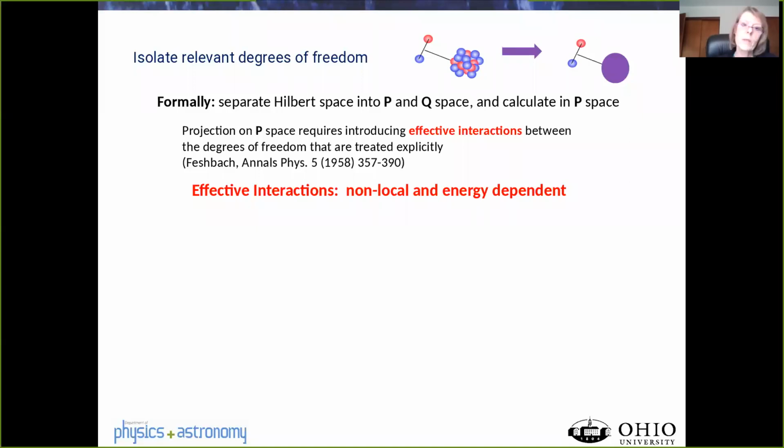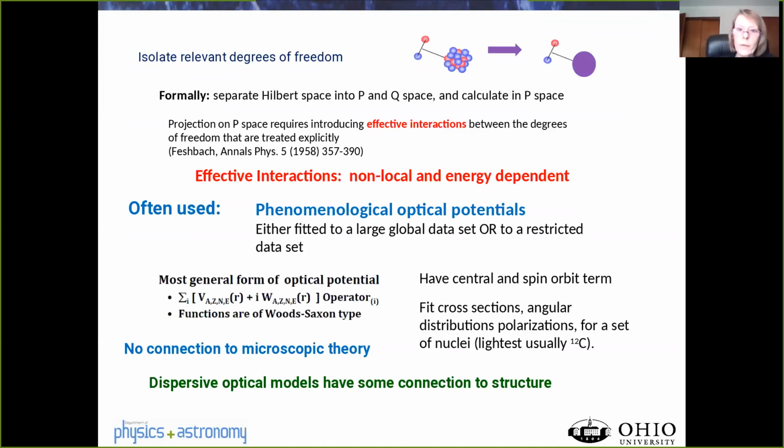What comes out of that publication is also the insight that these effective interactions, made by projecting out the Q space, are non-local and energy dependent. That is already a statement which is not totally consistent with what is often used.